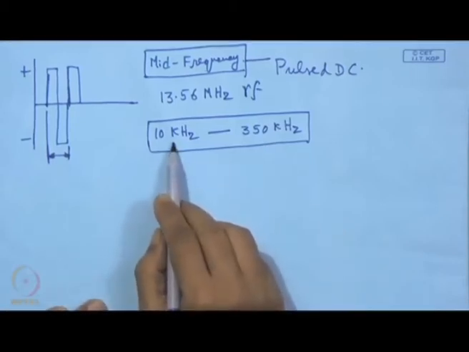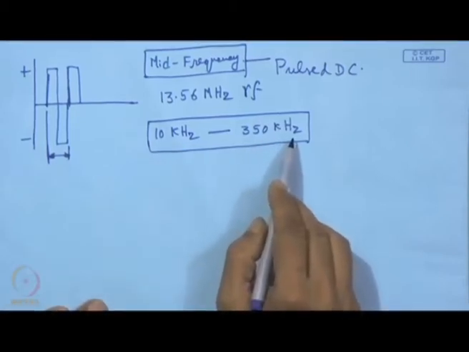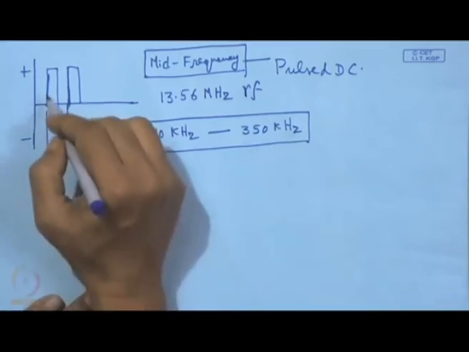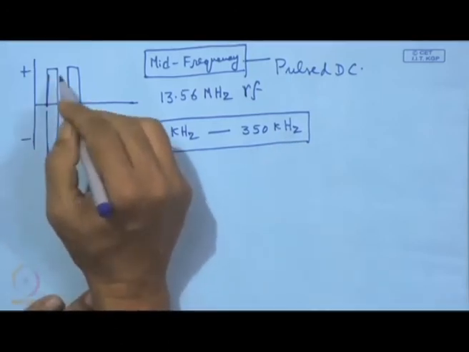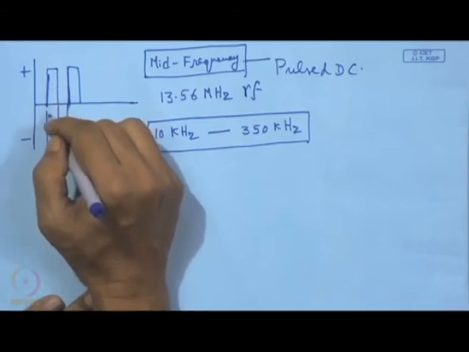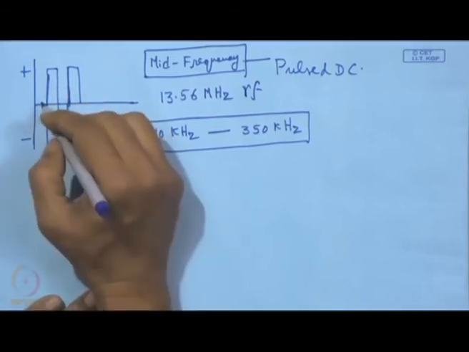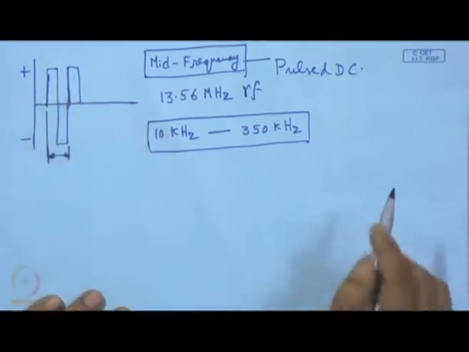So, 10 kilohertz to 350 kilohertz, and here one can change this width, that means the pulse width, and also the magnitude of the pulse.